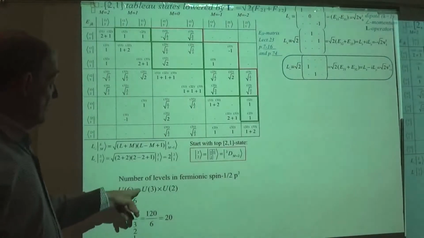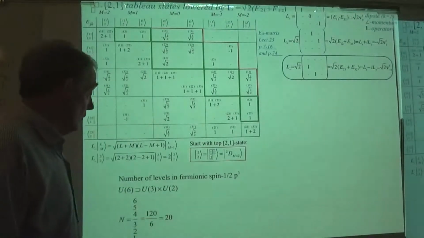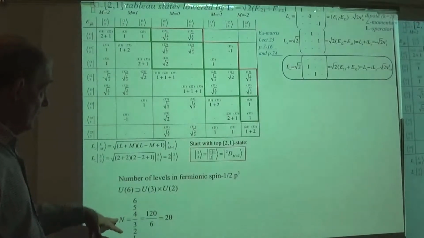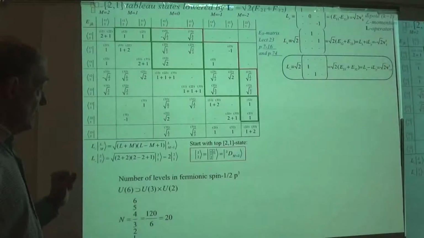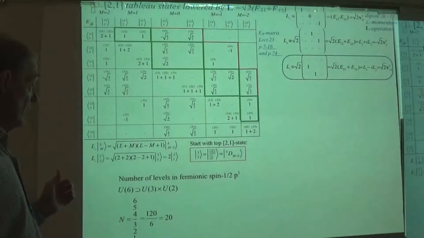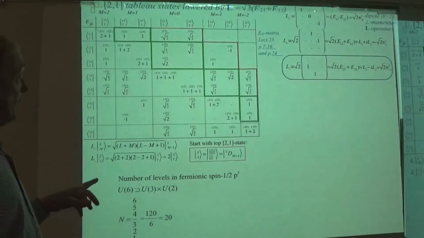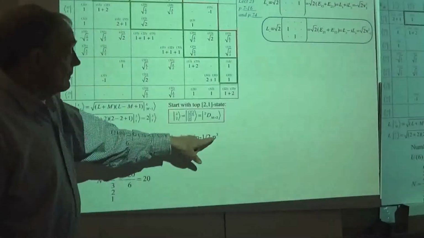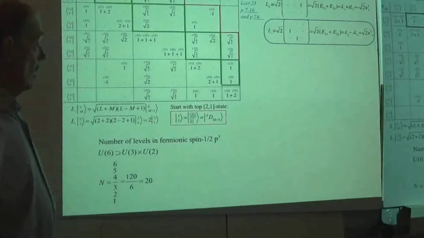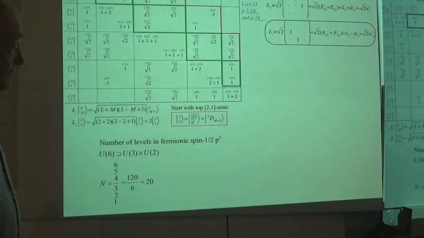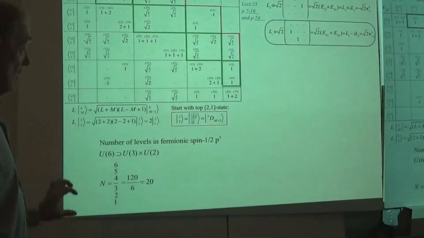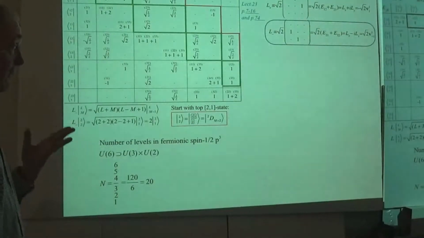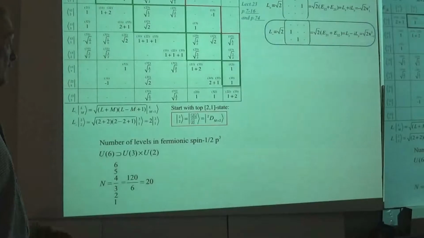And of course that's a bigger group than U3 cross U2, which is kind of what we've been working with so far, and we'll continue to do that today. But just figuring out the dimension associated with an antisymmetric representation of the states that would come with P cubed, that involves a vertical column Young tableau for 3 particles, 3 fermions, 3 electrons.